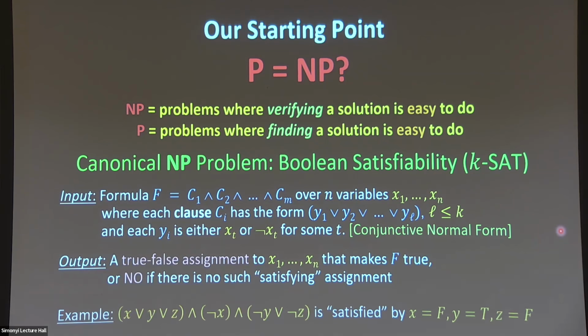Okay, so just to give a very simple example here, we're forced to set x to false, and then we just split y and z to be true and false so that the other two clauses are satisfied. Okay, so if I give you a true-false assignment that makes the formula true, it's very easy to verify. You just plug it in and check. But the problem of constructing such a true-false assignment from scratch seems very hard to do.